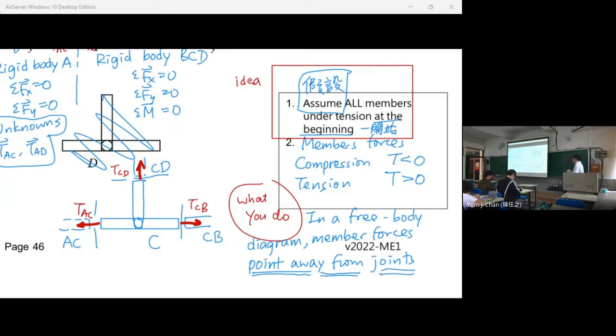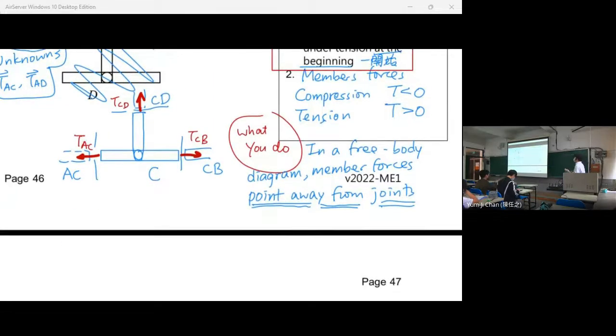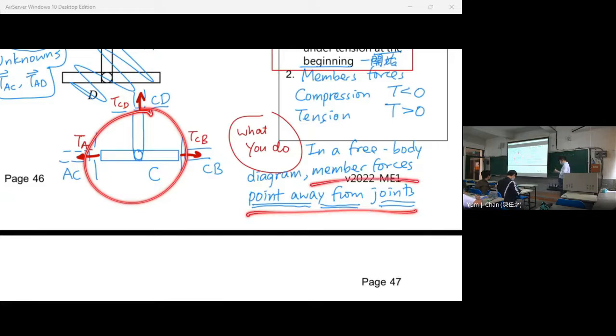So when you draw a free body diagram of a joint, like this, all member forces should point away from joints.